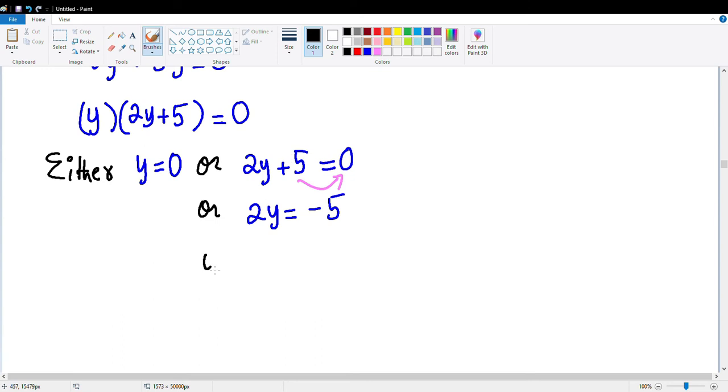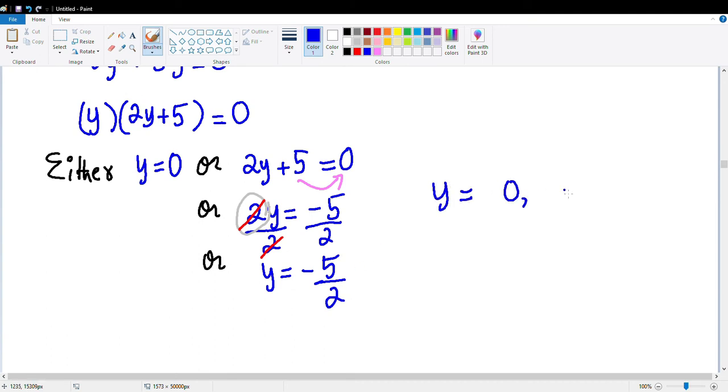Then we can divide 2 on both sides. 2 and 2 cross out from here, and you get 1 into y, and over here you get minus 5 over 2. So y equals minus 5 over 2. So our solution set is going to be y equals 0 or minus 5 over 2.